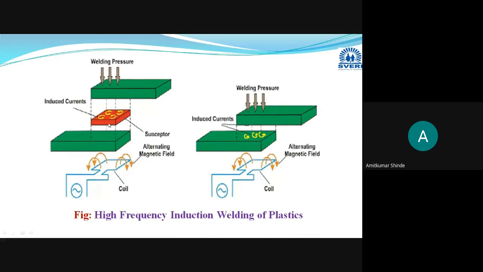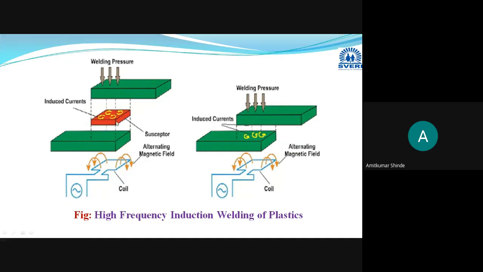Eddy currents will get generated and pass layer by layer, surface by surface, and heat this metal insert, also known as the susceptor. The susceptor is nothing but a metal piece which will acquire the heat from the inductor coil.